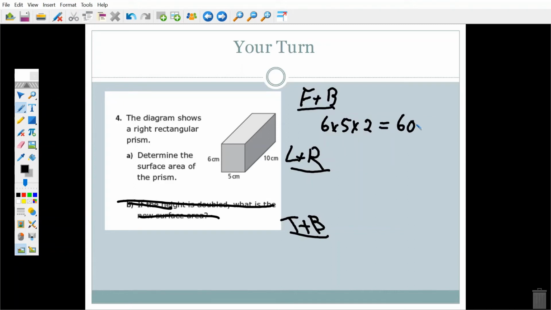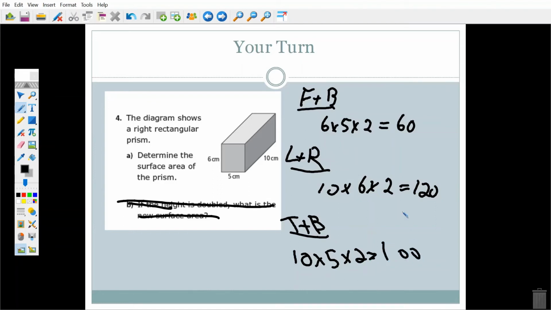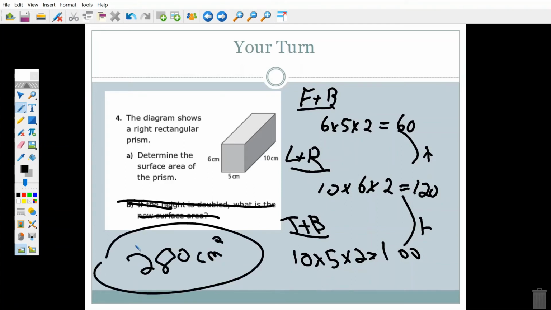Left and right is 10 times 6 times 2 is 120. And top and bottom is 10 times 5 times 2 is 100. We add those up and get 280 centimeters squared. Hopefully you got the same answer.